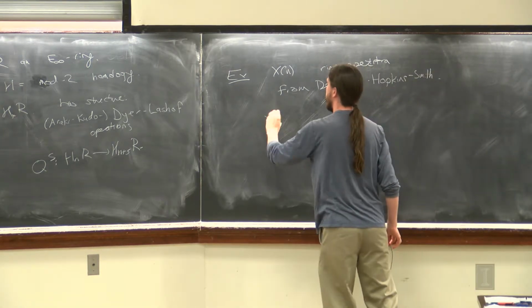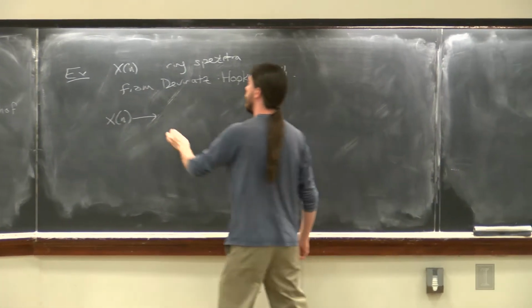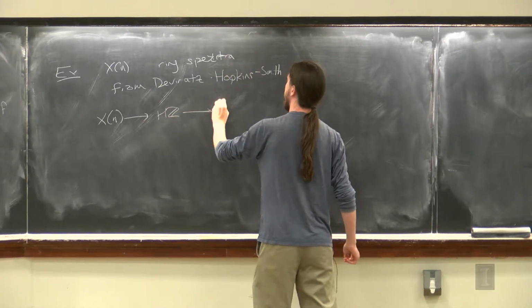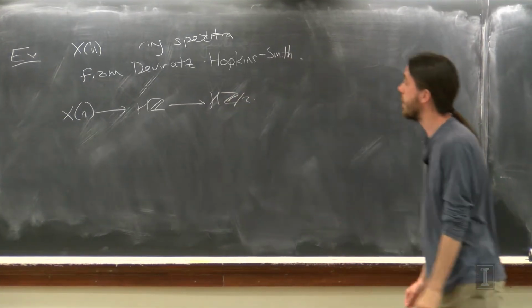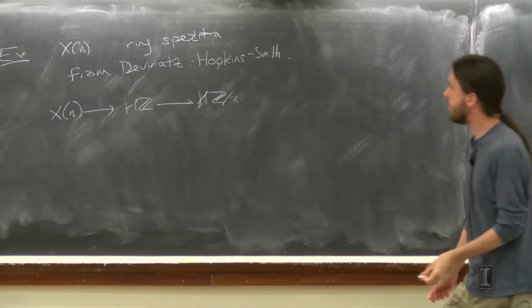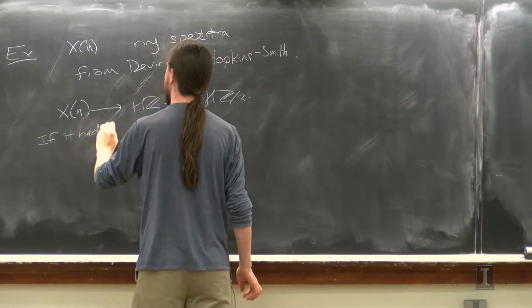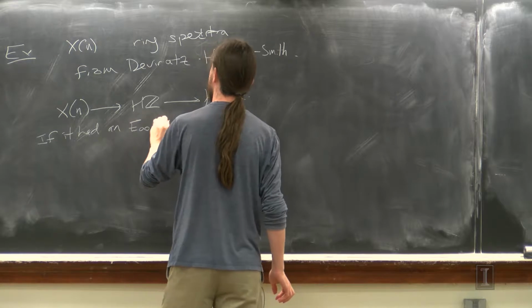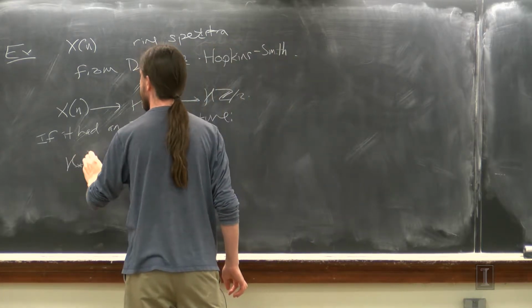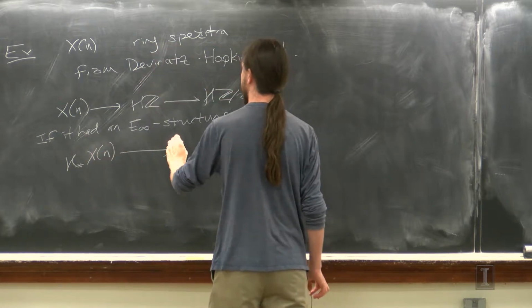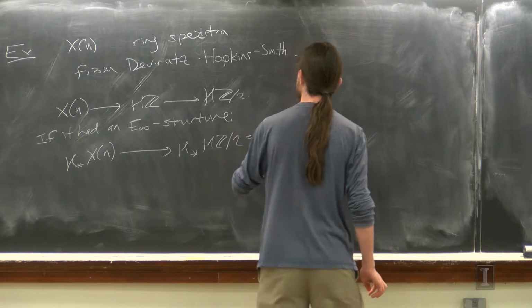X(n) has a map down to the bottommost stage of its Postnikov tower, which is HZ. And then that has a map to HZ mod 2, or Z mod p if you like, at odd primes. And if it had an E-infinity structure, what we could do is apply mod 2 homology and get this map from the homology of X(n) to the homology of HZ mod 2, which has another name.